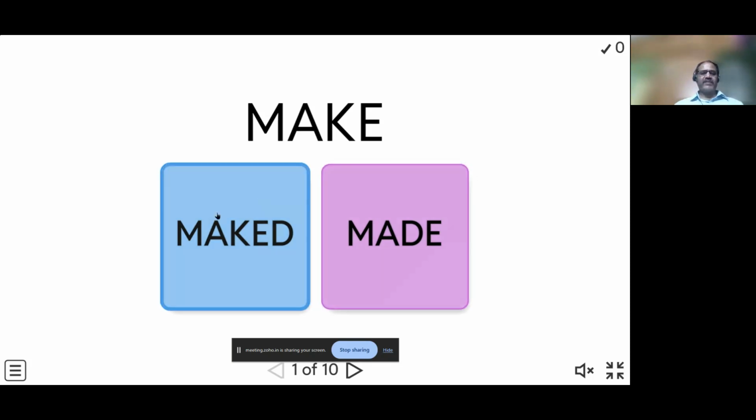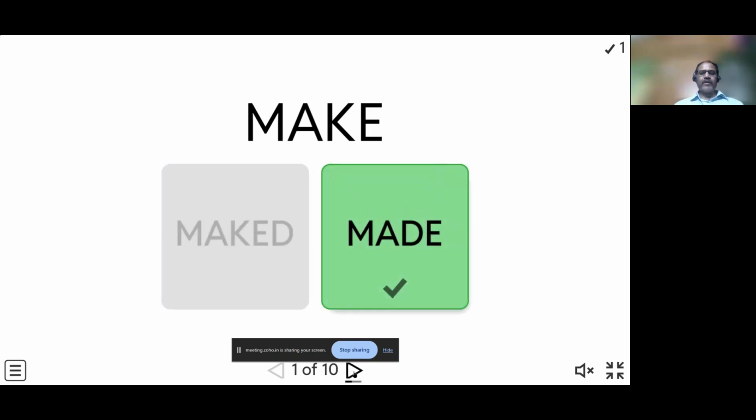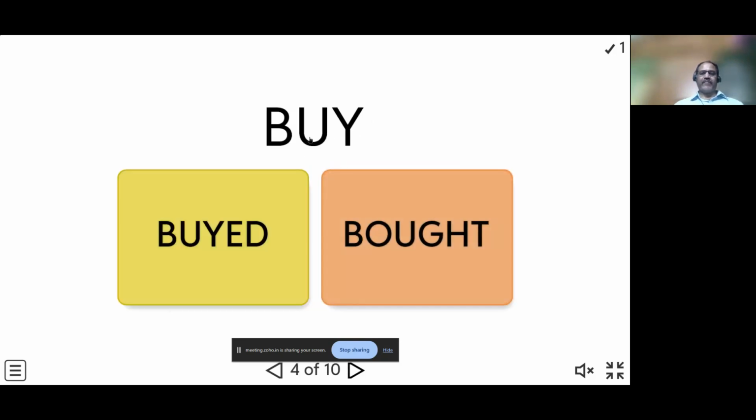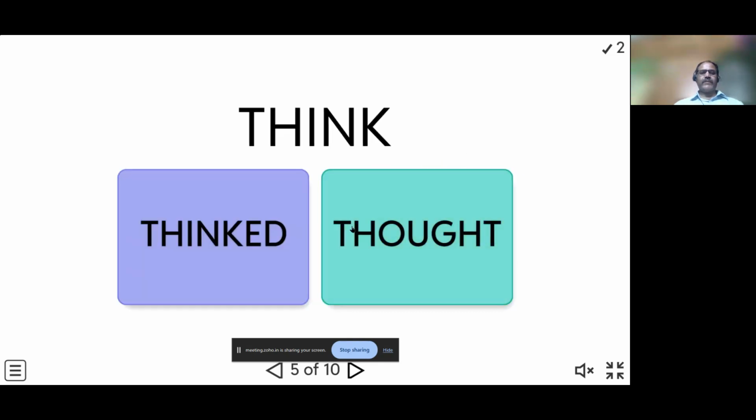What is the correct answer? Make is not correct. So I say made is the correct answer. Now the next question is take. It is not take, it is took. So if I mistakenly click here, it will say no, this is wrong, this is right. So it will also show you. If buy, I say bought. Then think, thought.